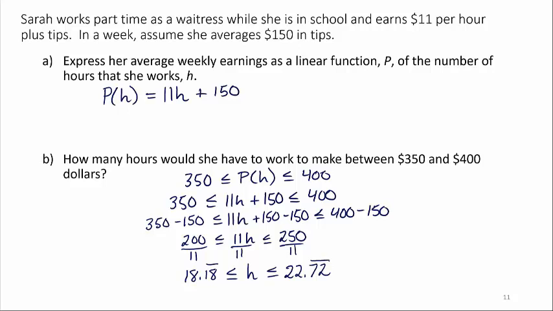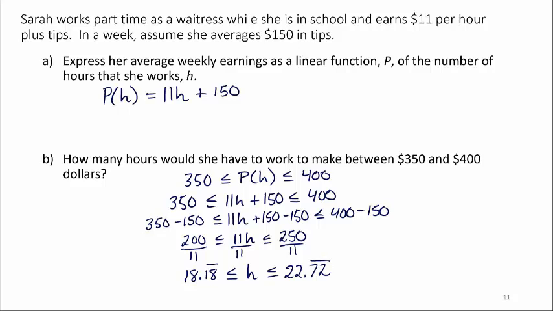Okay. All right. So what does this mean in the end? We have h in the middle, and the question was how many hours would she have to work to make between $350 and $400, right? So when I put the P of h equation, the 11h plus 150 in there, and we started to solve this three-part inequality, we have h in the middle when we're done, right?